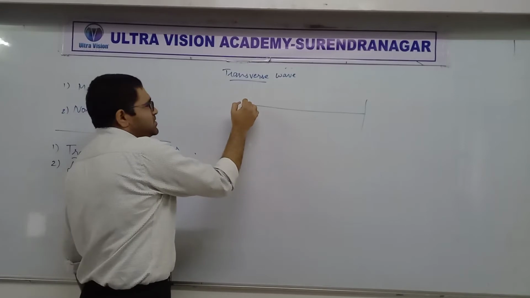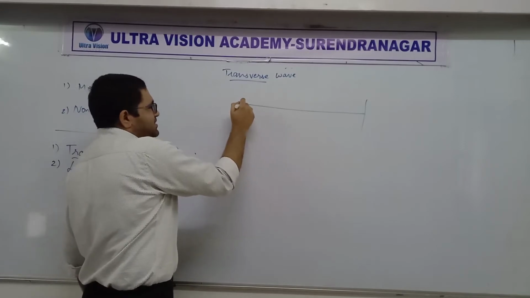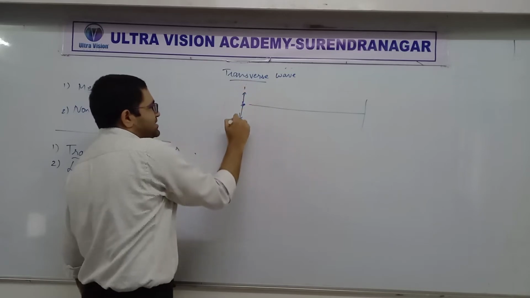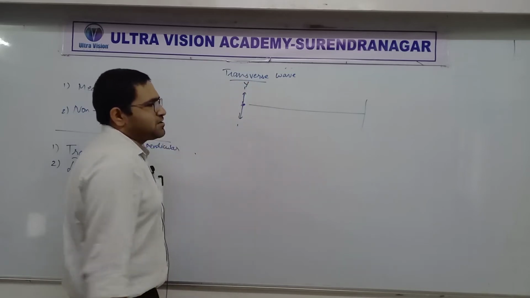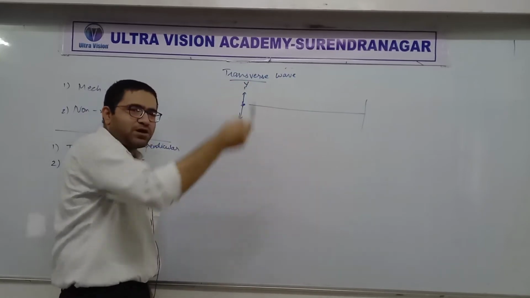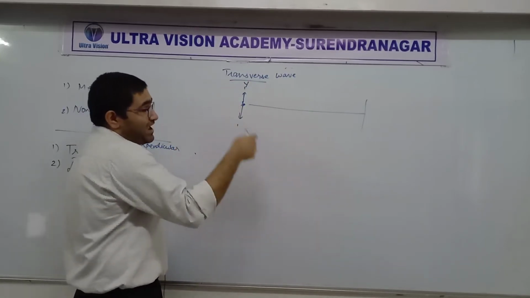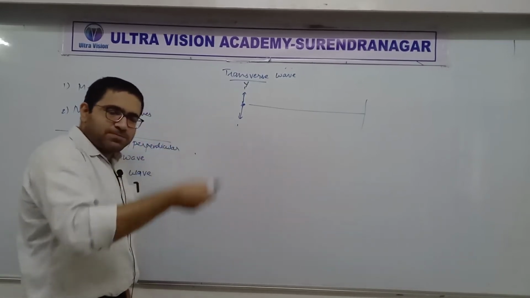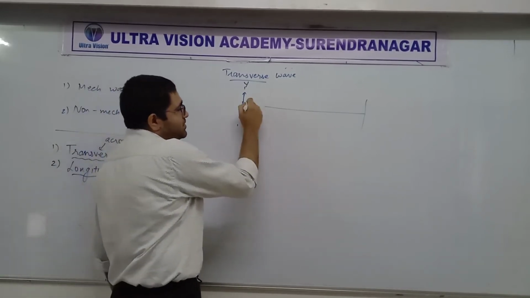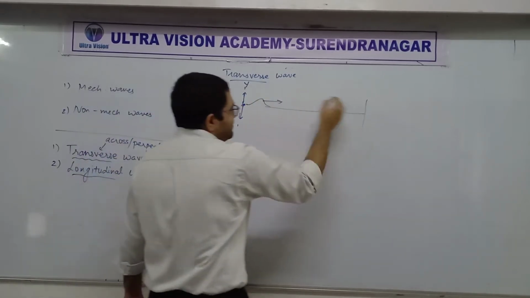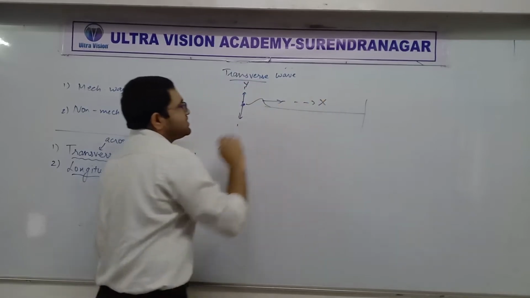So this source is going to oscillate in, let's say, the y-axis. Clear or not? But the wave pattern that is formed travels towards the right side, that is, along the x-axis. Clear or not?